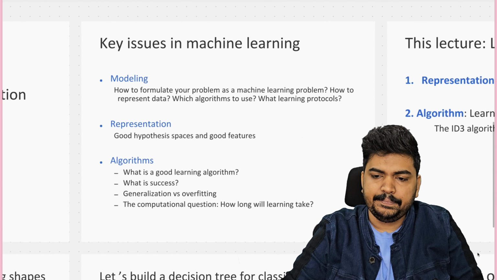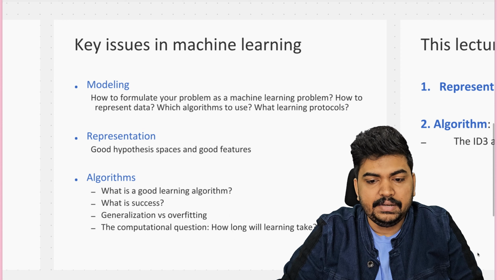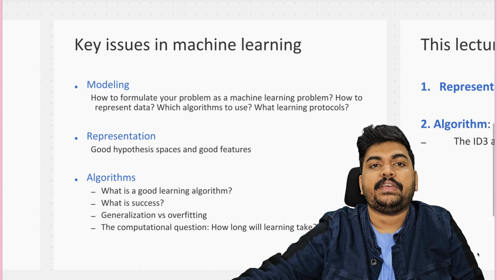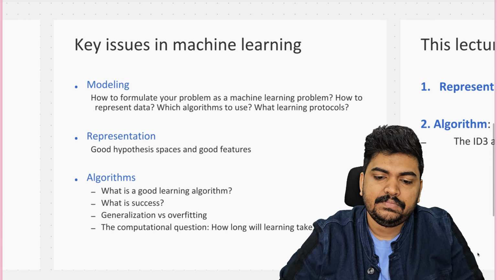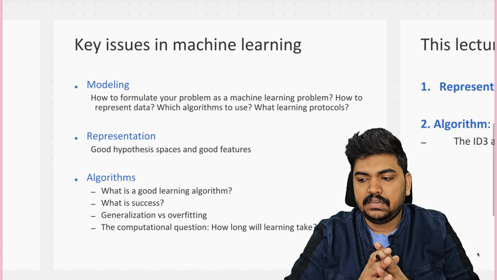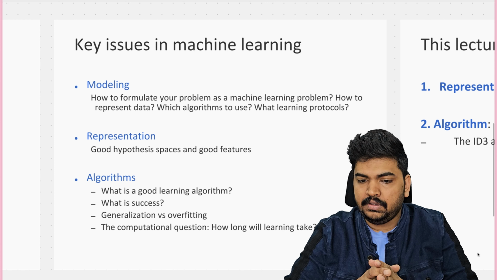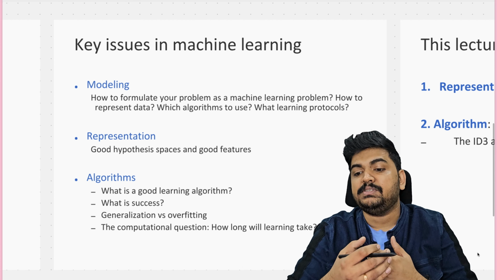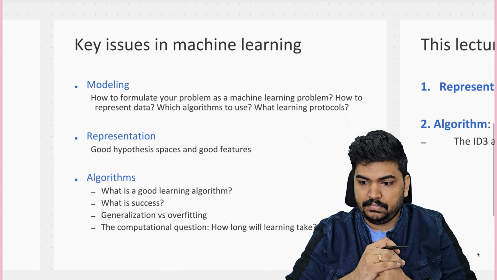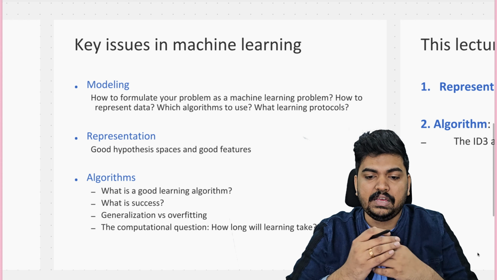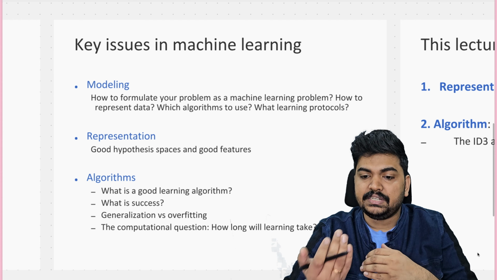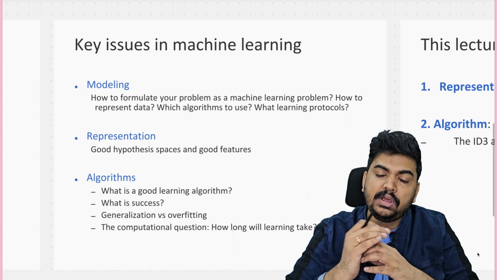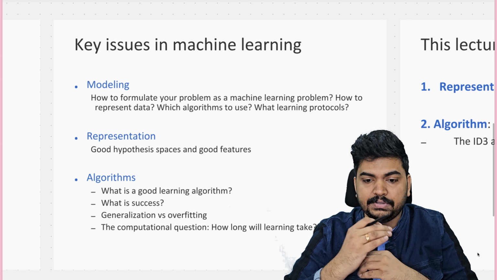If you see the key issues in machine learning, it includes probably three broad categories or aspects. One is the modeling aspect, where we see how to formulate your problem as a machine learning problem. There it further asks how do we represent the data, which algorithms to use, and what learning protocols we must use.